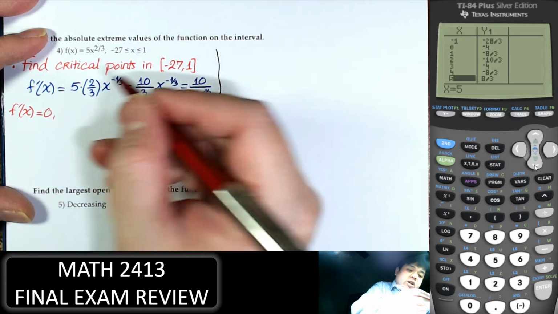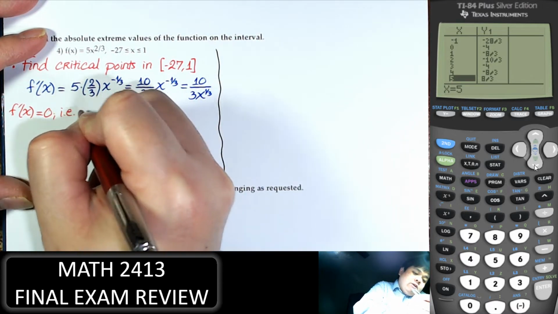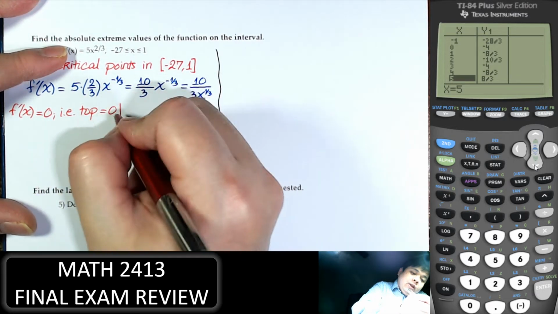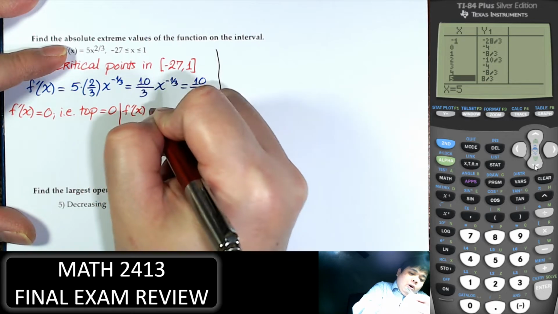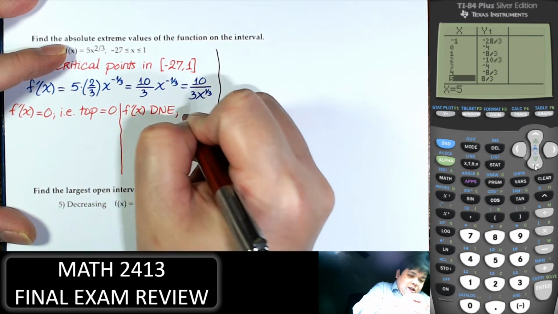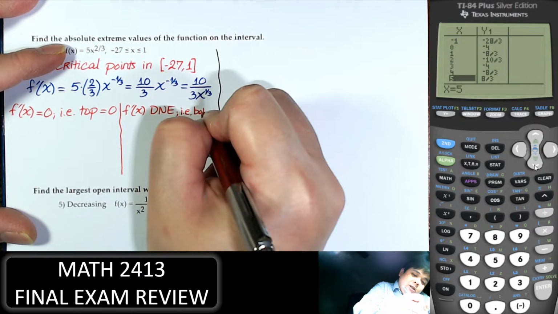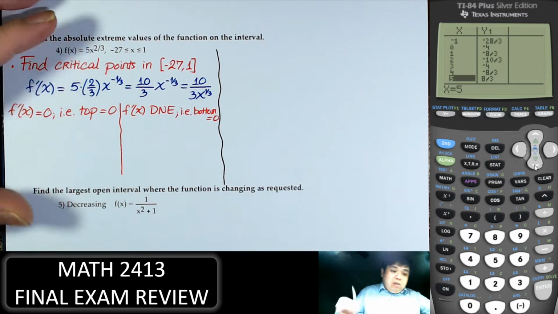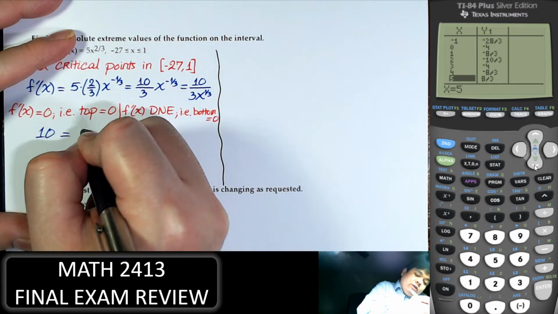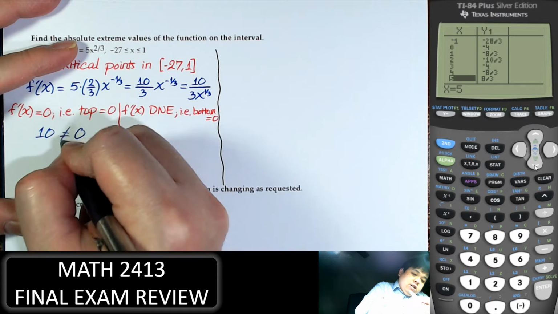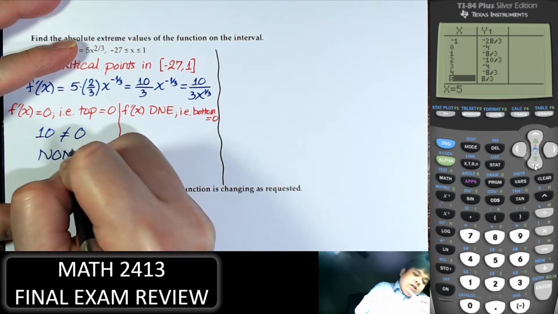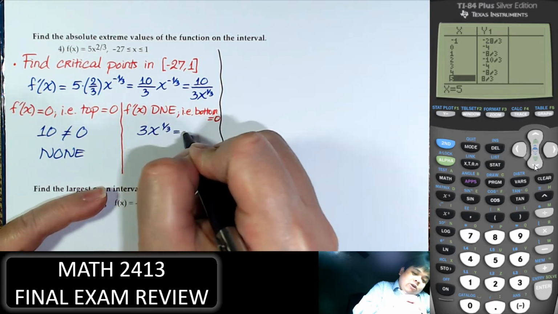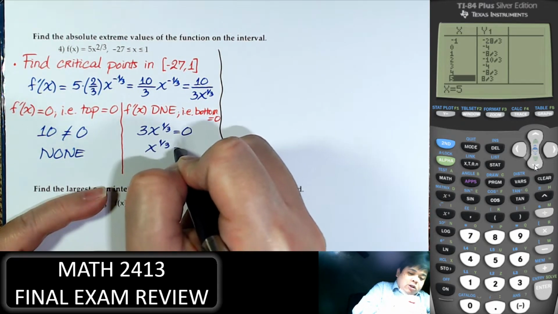We do have a fraction here, so we let the top equal to 0, or the bottom equal to 0 when it does not exist. The top equal to 0, we have 10 equal to 0, which is not possible, so there's nothing here. The bottom equal to 0: 3x to the 1/3 equal to 0, so x to the 1/3 equal to 0.